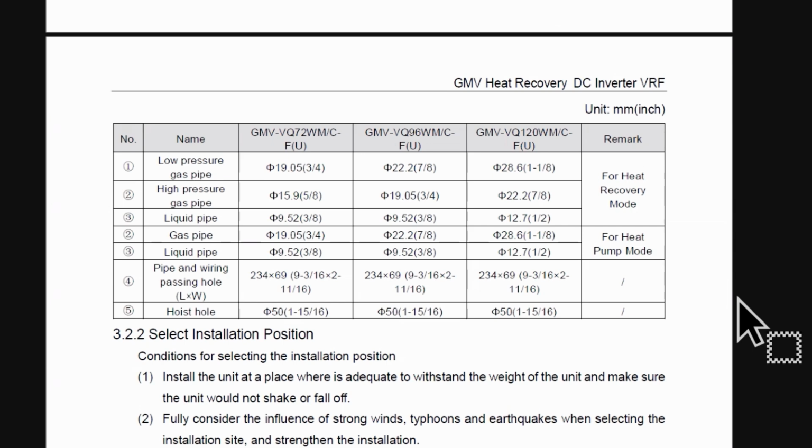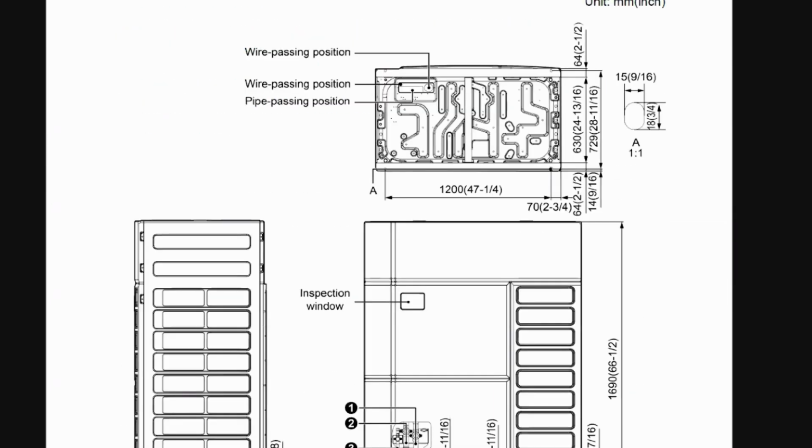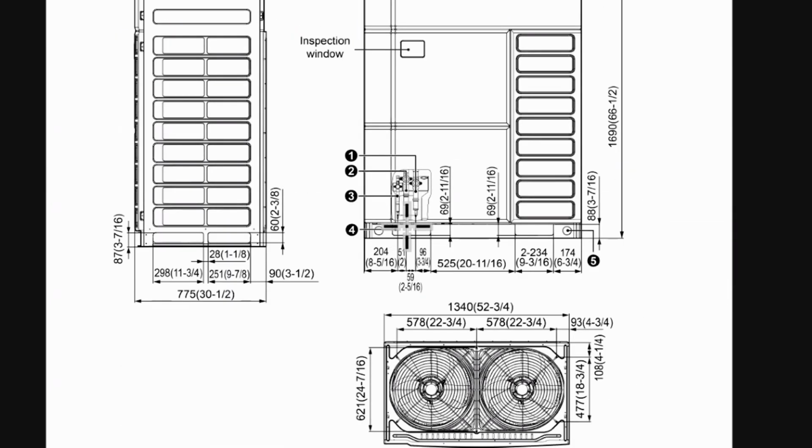In my opinion, that should say high pressure gas pipe because you're not using the low pressure gas pipe when you're doing heat pump. So it's going to be 2 and 3, which, when you're facing that unit, is going to be center and left. That center pipe is your hot gas pipe.